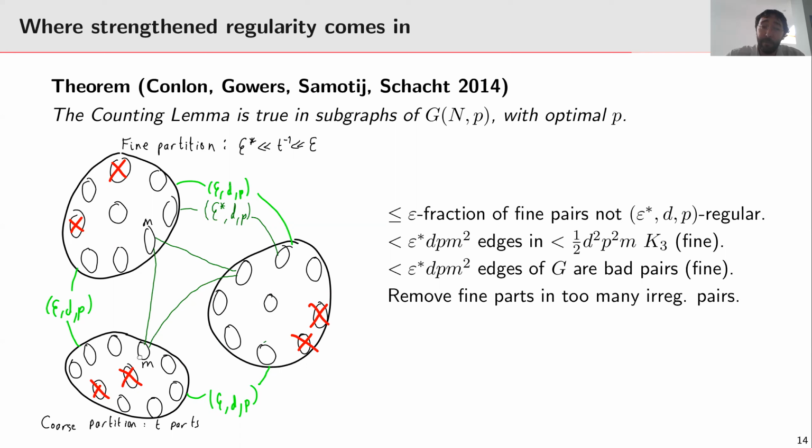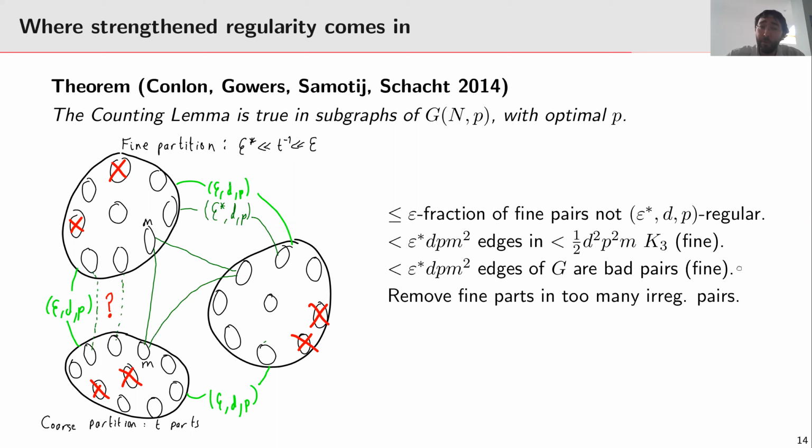Here I have a pair of parts. These two parts have not been crossed off, so we know that leaving this fine part here, there are lots of epsilon star dp regular parts going out over here, and similarly here. That means between this pair of sets, I will be able to get this argument through. Between this pair of sets, there will be very few bad pairs.